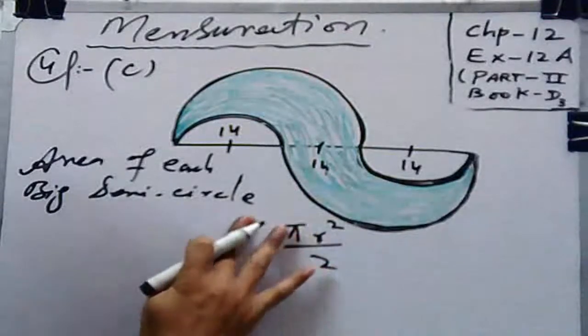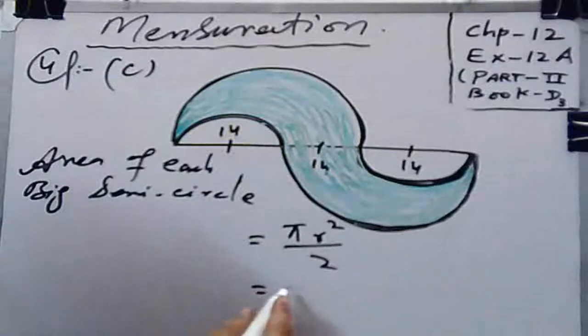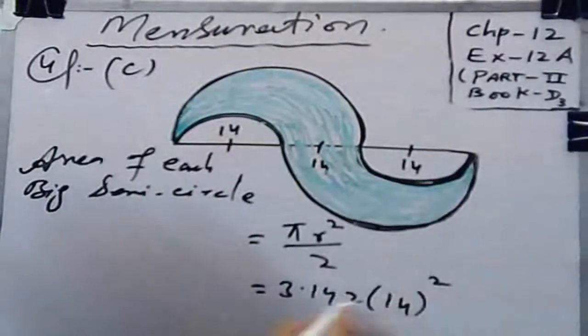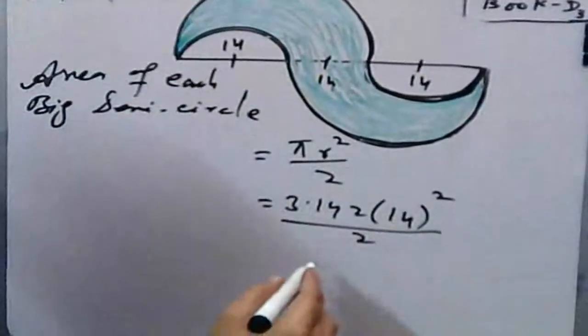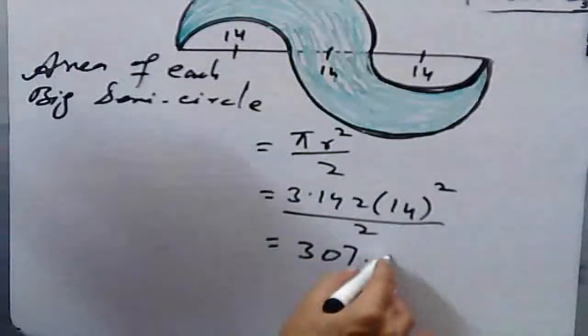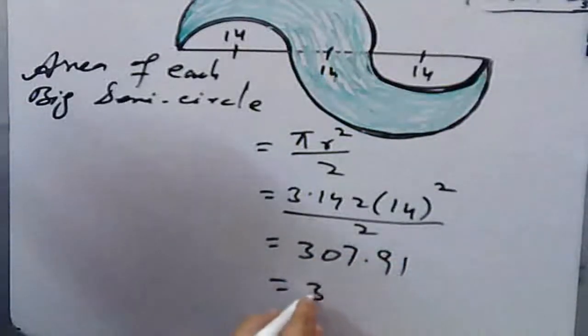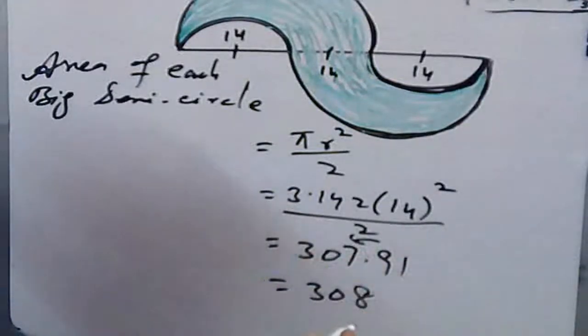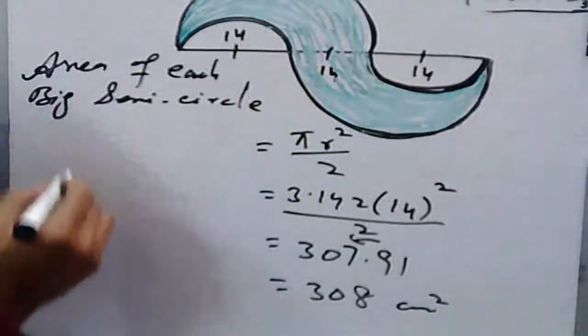We have a formula. So putting the values, you will get 3.142 into r, that is 14, divided by 2, you can see 307.91, which is equal to 308 after rounding off. So that is your centimeter square is area of a semicircle.